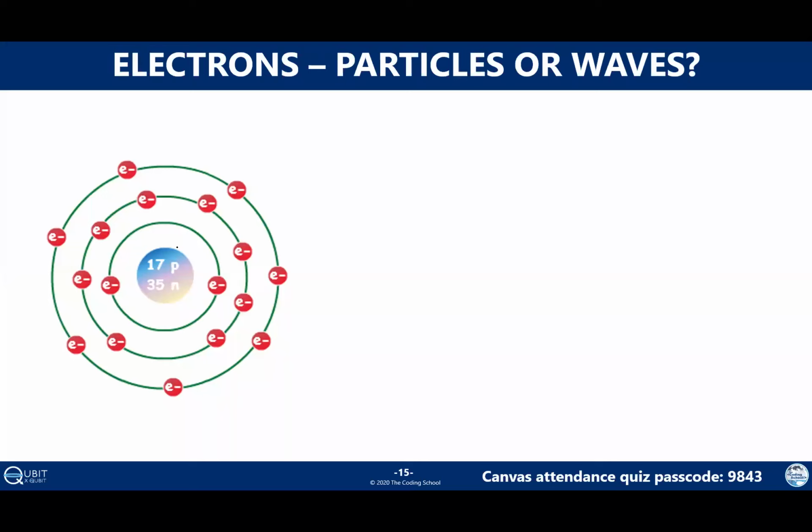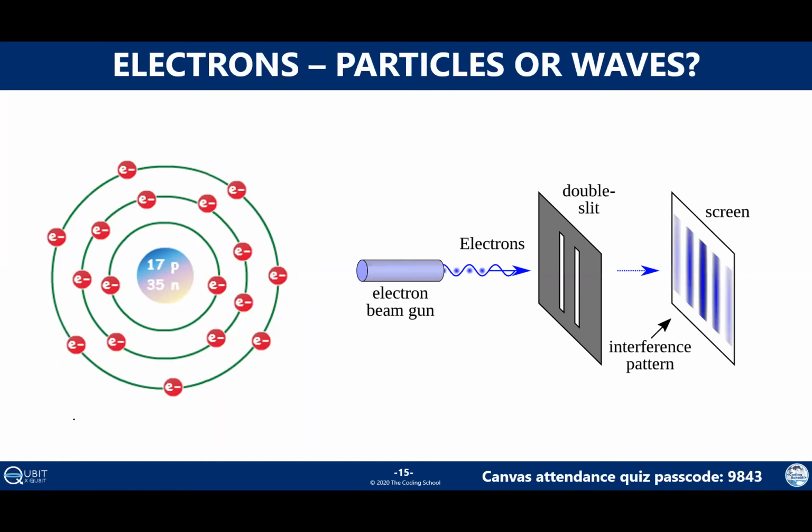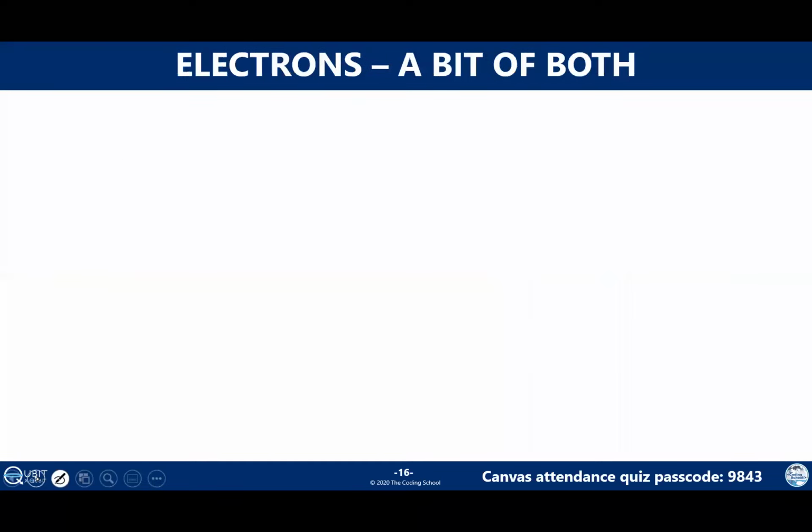Now, this was basically just an assumption based on some very early experiments, but physicists started doing experiments at that time that showed electrons exhibited wave-like properties. Of course, one of those, as we learned, was the double slit experiment, which I will get onto soon. And so we now know that electrons are a little bit of both. They're kind of like that ripple on the rope.